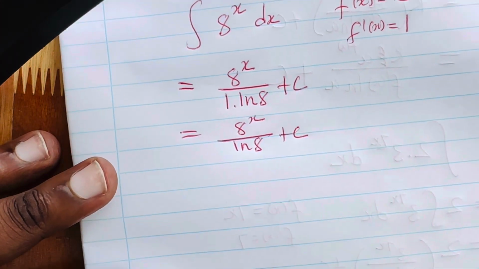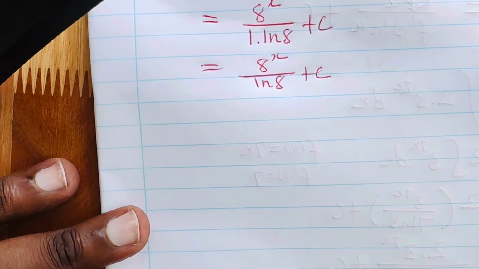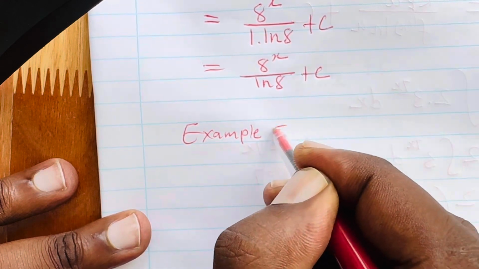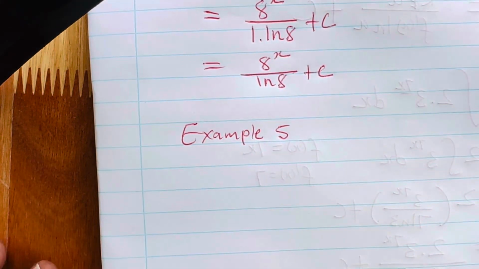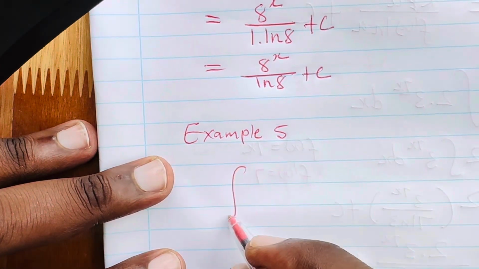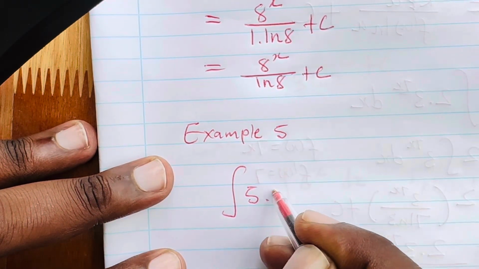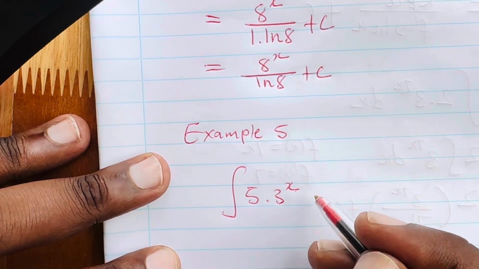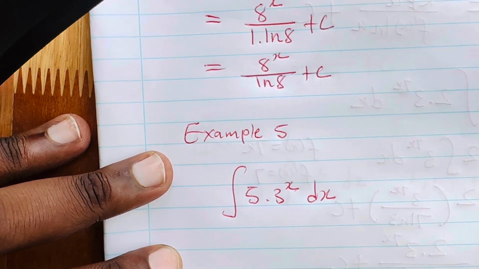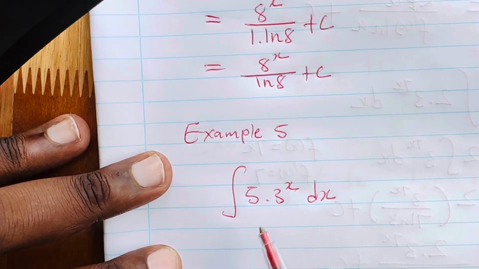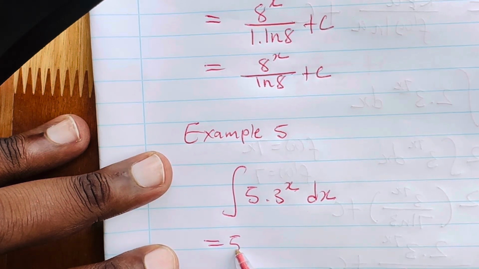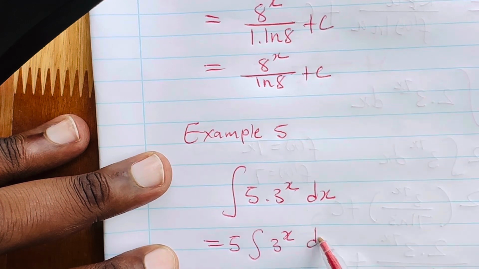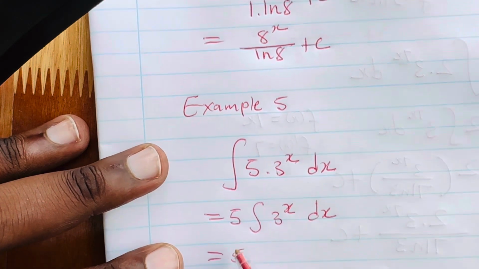So now let's move to example number 5. This is a constant rule: 5 multiplied by 3 raised to the exponent of x, with respect to x, meaning you're integrating in terms of x. We move the 5 outside so that we can see our integral sign and the function to be integrated.